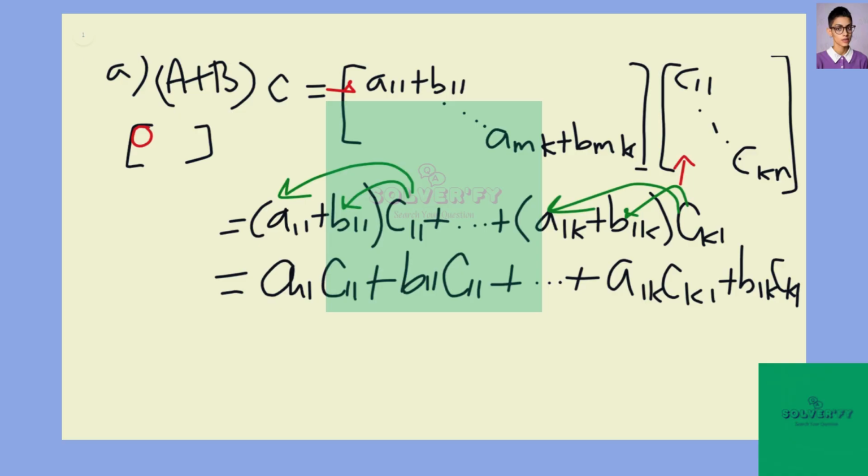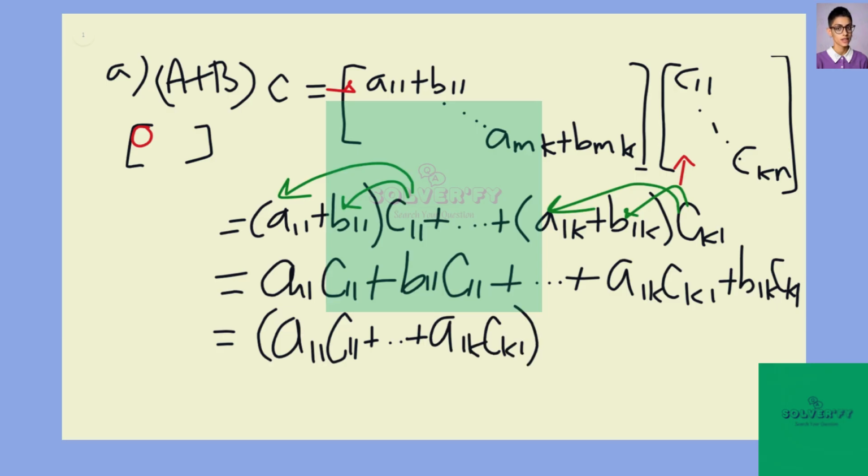Okay, and then we can separate these, right? So we could take all of our elements with A, so A11 C11 all the way down to A1K CK1, and add that to all of the elements with B, B11 C11 all the way across to B1K CK1.